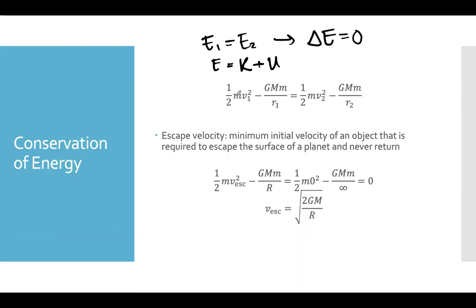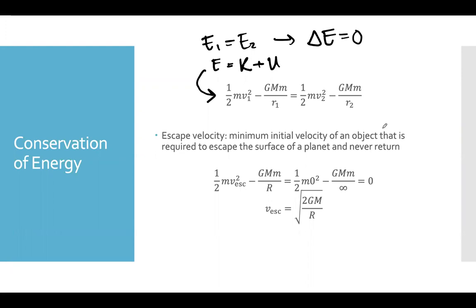So what we have here is our initial kinetic energy plus our initial gravitational potential energy is equal to our final kinetic energy plus our final gravitational potential energy.